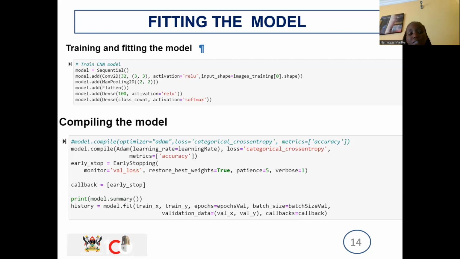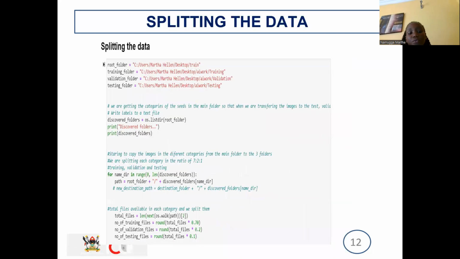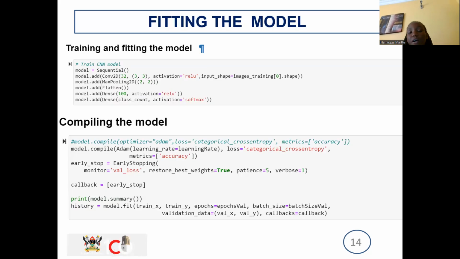So we have our optimizer, which is Adam, then the learning rate. As we described earlier, if you give it a very fast learning rate, it will not actually train.